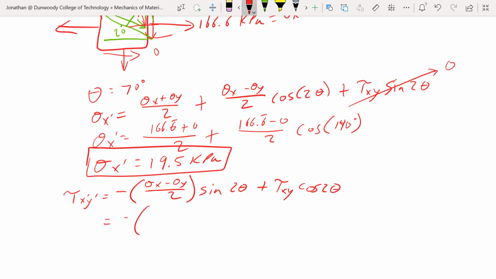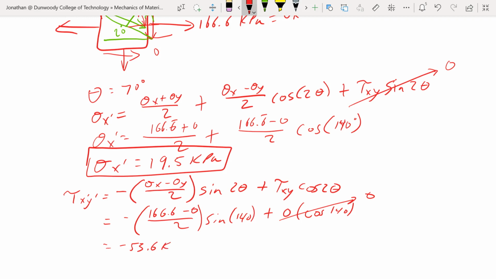So we get negative 166.6 minus 0 over 2 sine 140 plus 0 cosine 140. That goes to 0. Tau x prime y prime is negative 53.6 kilopascal.